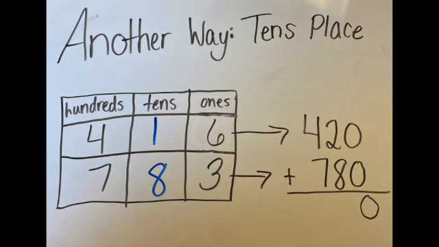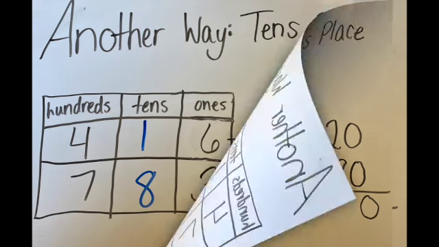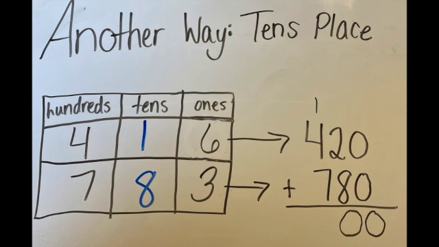And so this time I'm going to make sure that since 10 is a 2-digit number, I need to put the 0 down under the 8, but then I'm going to carry my 1. So my 1 goes on top of my hundreds. And then I have to add the 1 with this 4 and 7.